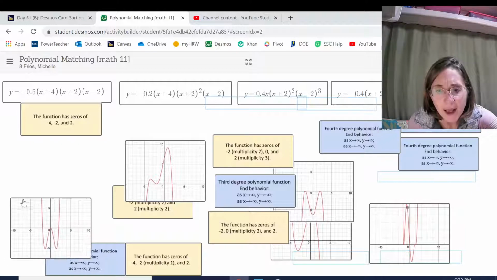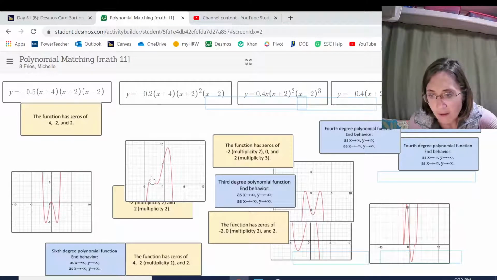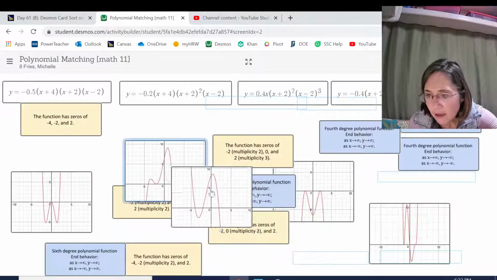And those are all going to be passed through. Since there's no multiplicity, there's not going to be any bounces. So it's not going to be that one because it bounces off at the 0. It's not going to be this one because it bounces off at the negative 2. It's not going to be that one because it's got bounces. I have a feeling it's going to be this one.